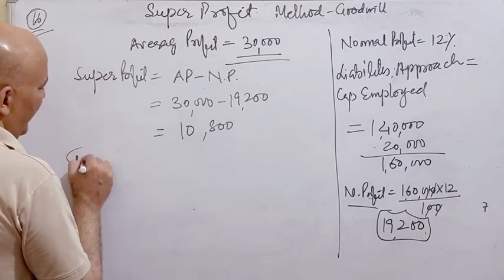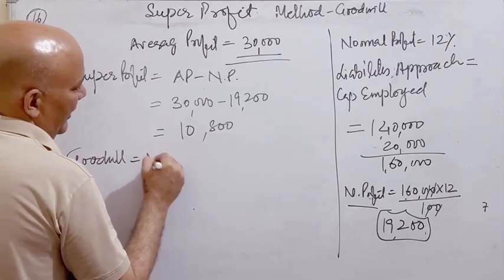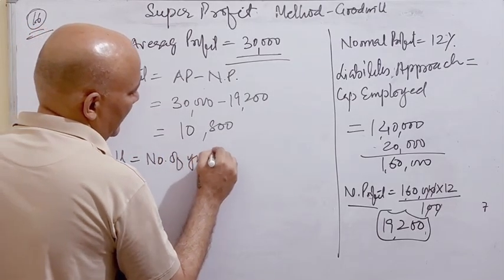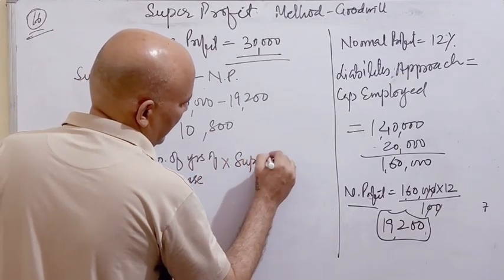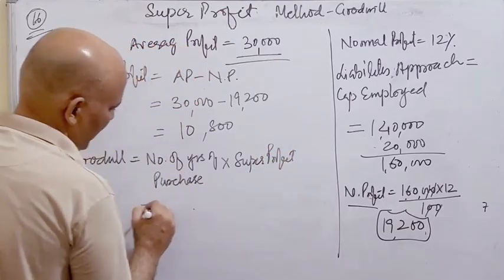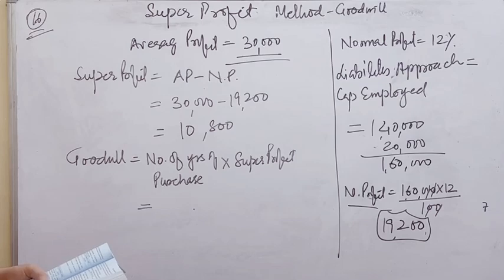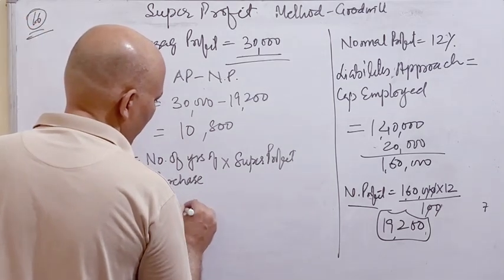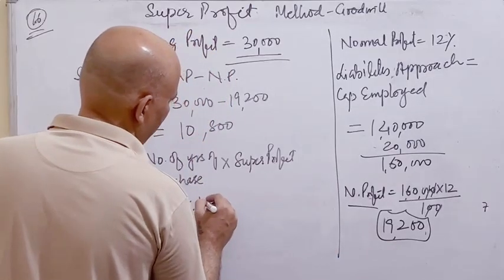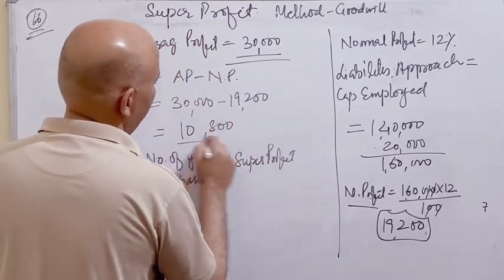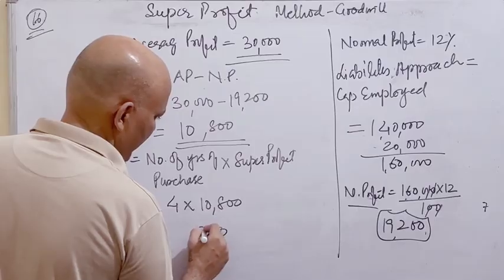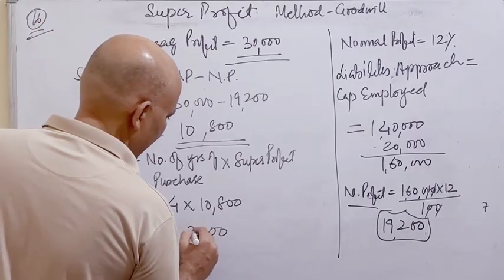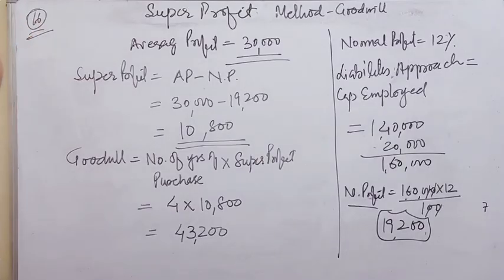Now goodwill is the number of years of purchase, given in the question as 4 years, multiplied by the super profit we have calculated, 10,800. So this is 43,200, your goodwill.